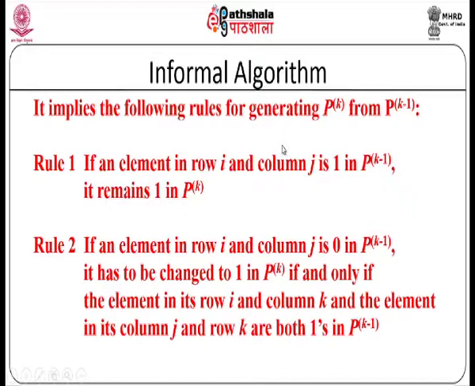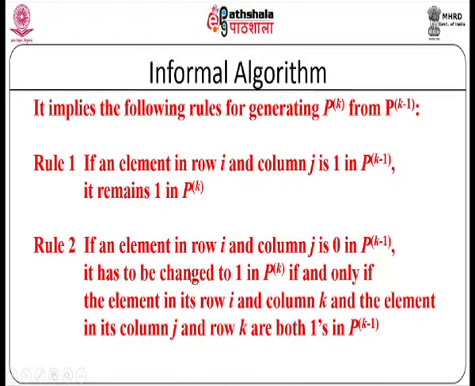This is the informal algorithm for generating P of k from P of k minus 1. The core idea, as I said: if the element of i comma j is 1, then it is going to remain as 1 in the new iteration also.